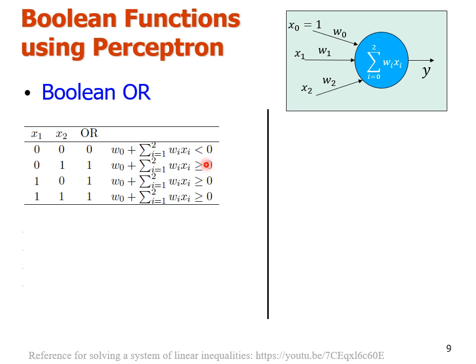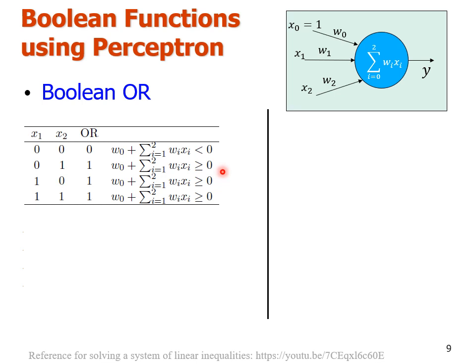For this perceptron to produce the output 0 for inputs 0, 0, it has to satisfy the expression w0 plus summation over i equal to 1 to 2 of wi xi less than 0. Similarly, for the inputs 0, 1, 1, 0 and 1, 1, it has to satisfy the expression w0 plus summation over i equal to 1 to 2 of wi xi greater than or equal to 0, right?